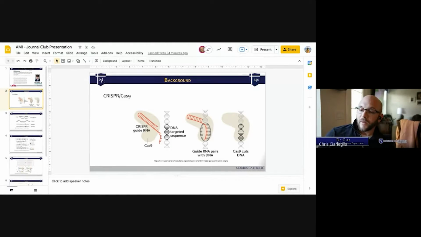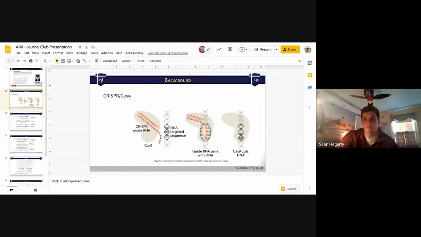Okay. All right, keep going, Sean. All right, and just to bridge off of what Dr. Char said about the vectors, a lot of the times they'll take out the DNA or RNA inside the vector, which is used to reproduce that virus, and they'll just put what they need to get into the cell.